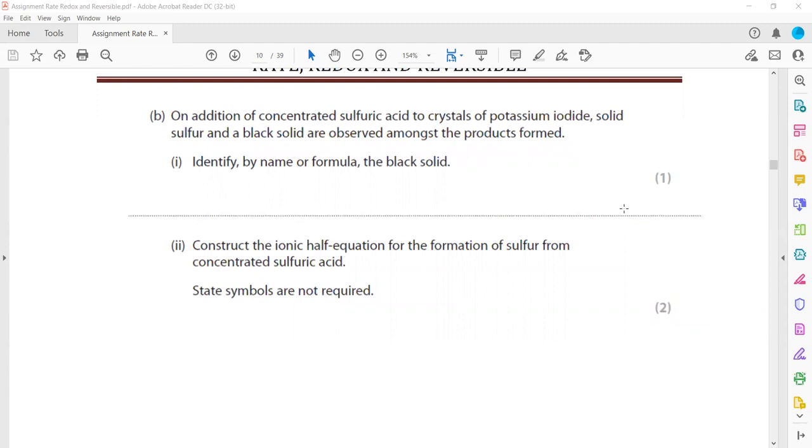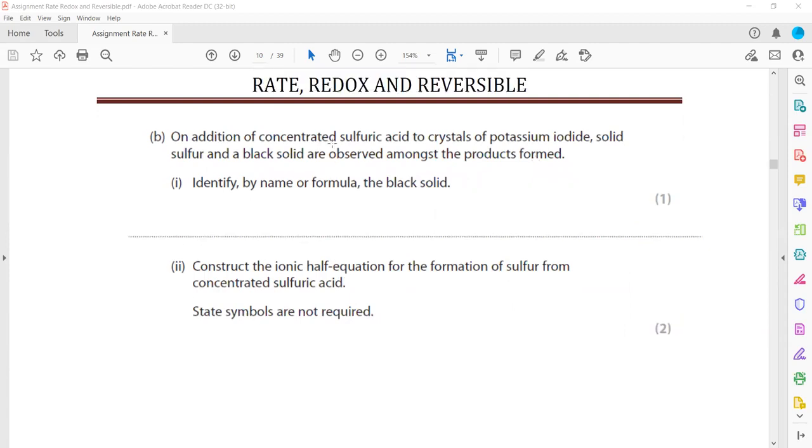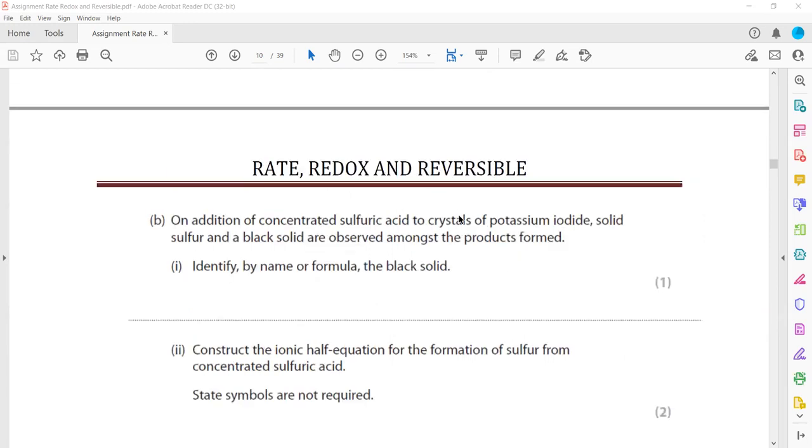On addition of concentrated sulfuric acid to the crystals of potassium iodide, solid sulfur and a black solid are observed. So a black solid was observed among the products. Identify the black solid. So what will be the black solid here? As sulfur is reduced, iodide is a good reducing agent.